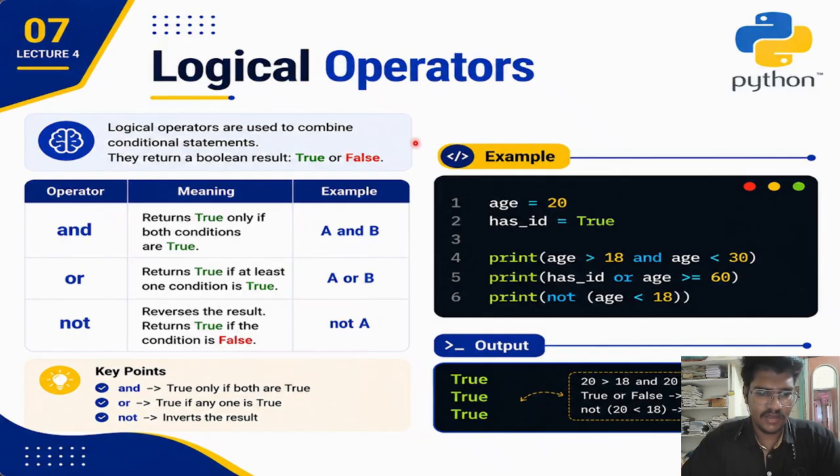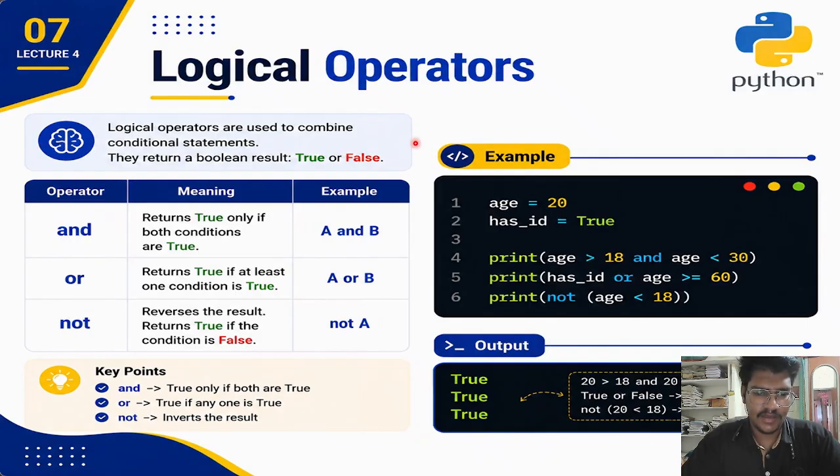There are also some real world analogies. For AND, you want to buy a car, you need sufficient money and a driving license. For OR, you want to drink water, so you need money or a credit card.